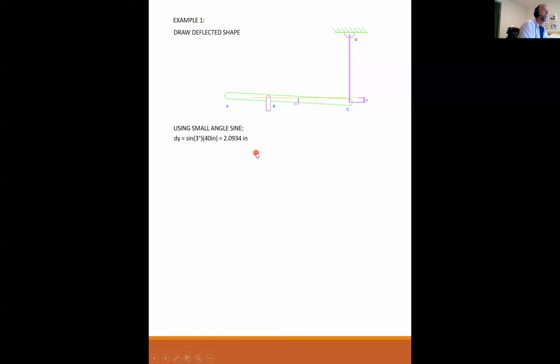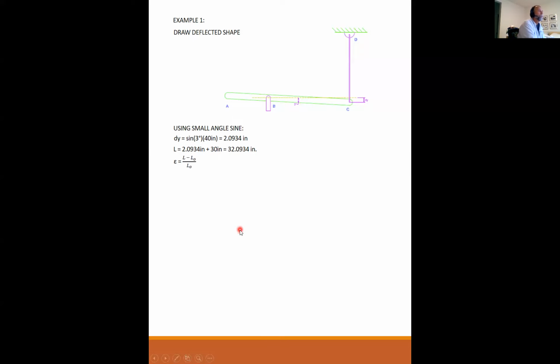You'll see why, because when we talk about strains, a very small error can amount to a lot. So then L, my new stretched length, is the 2.0934 inches plus my original 30 inches, for 32.0934 inches. So now I have L and I have L naught.